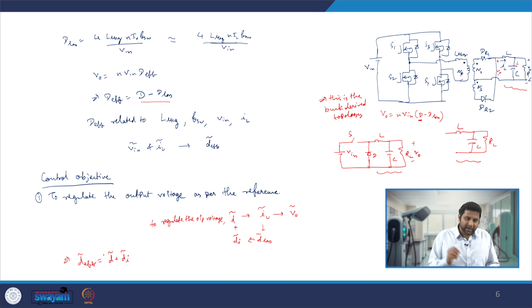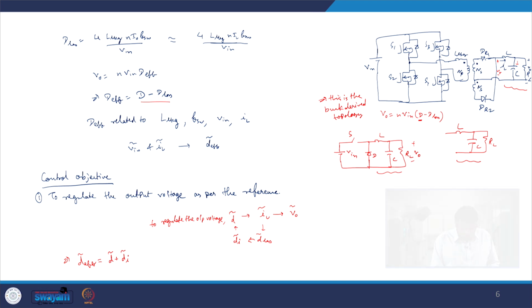So, the D effective changes with the D, and along with this our IL changes, and because the IL changes, there is a change in the D loss.